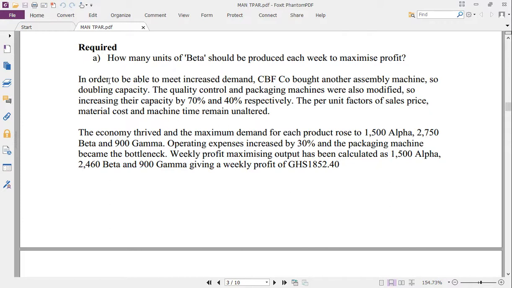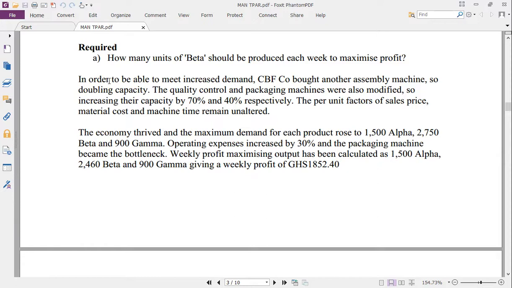The quality control and packaging machine were also modified, so increasing their capacity by 70% and 40% respectively. So that means quality control was increased by 70 and packaging was increased by what? 40.